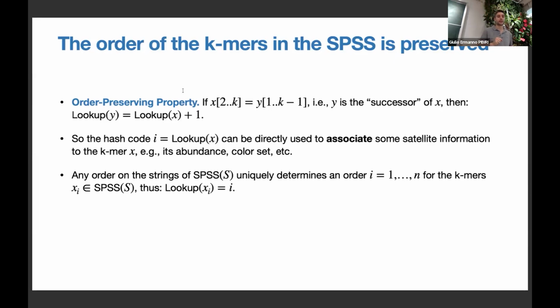This is important because if we keep k-mers in order, like in the original order, we induce a natural clustering for the satellite data that we typically want to associate to k-mers.